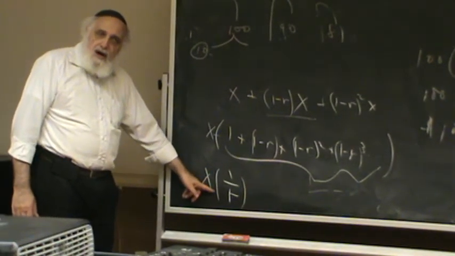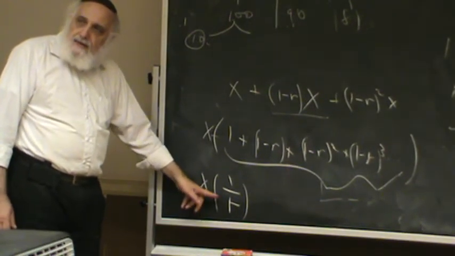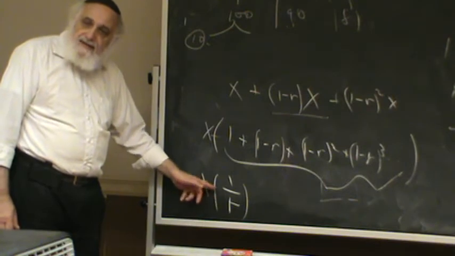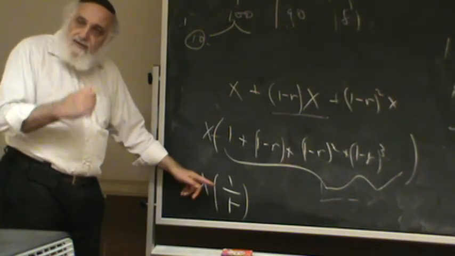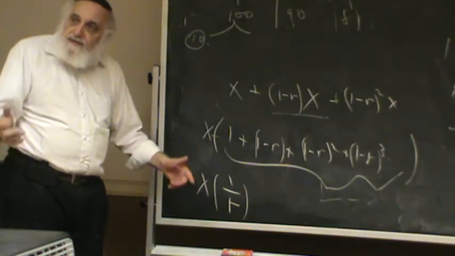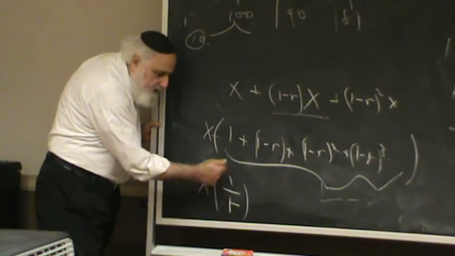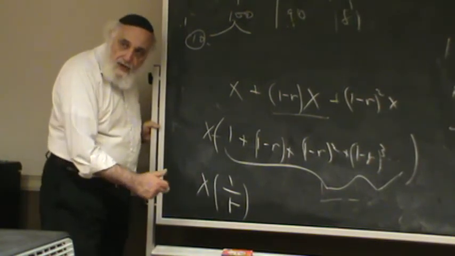Because if R is 10%, this number is 10. But if R is 5%, this number is 20. And if R is 2%, the number is 50. And if it's 1%, the number is 100. The point is, the smaller the denominator, the bigger is going to be this fraction.